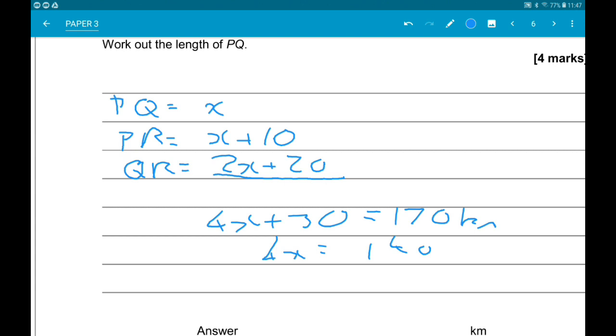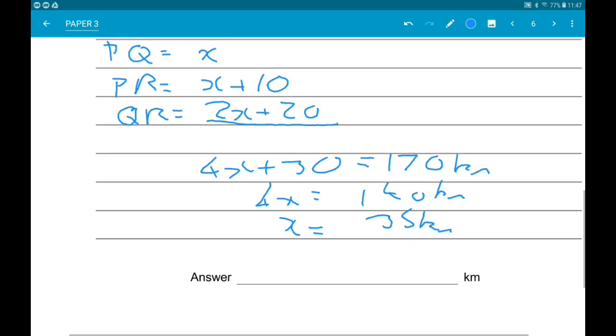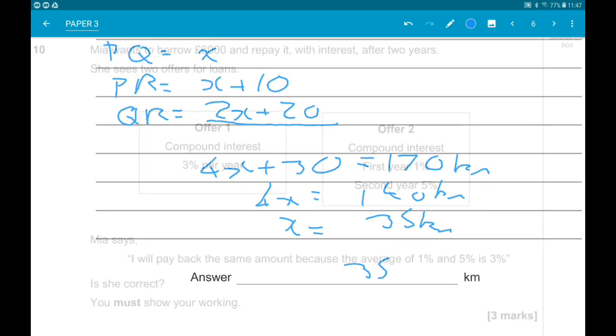So x is 35 kilometers. Now we want the length of PQ. So that's it. That is x. So the answer is 35 kilometers.